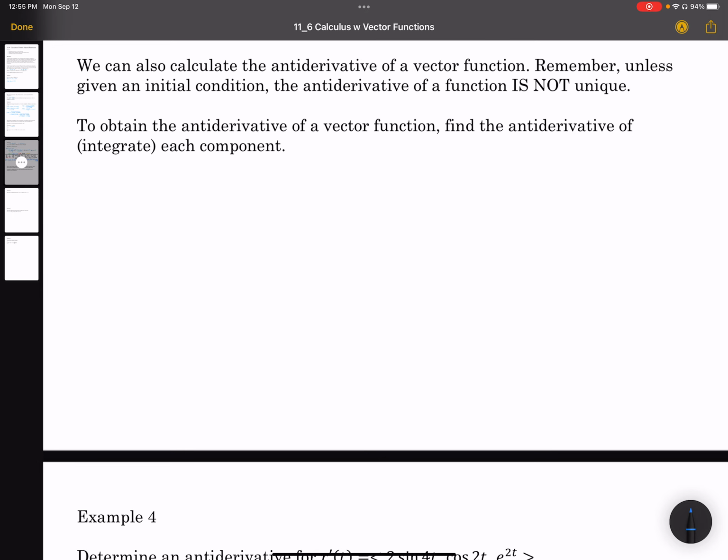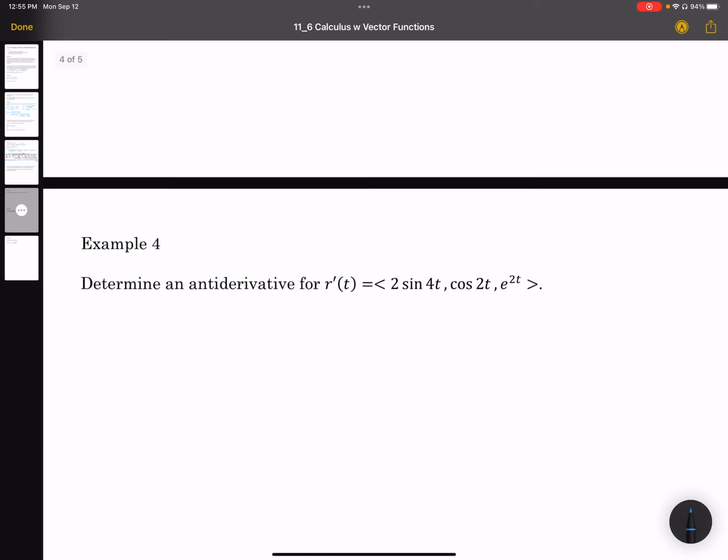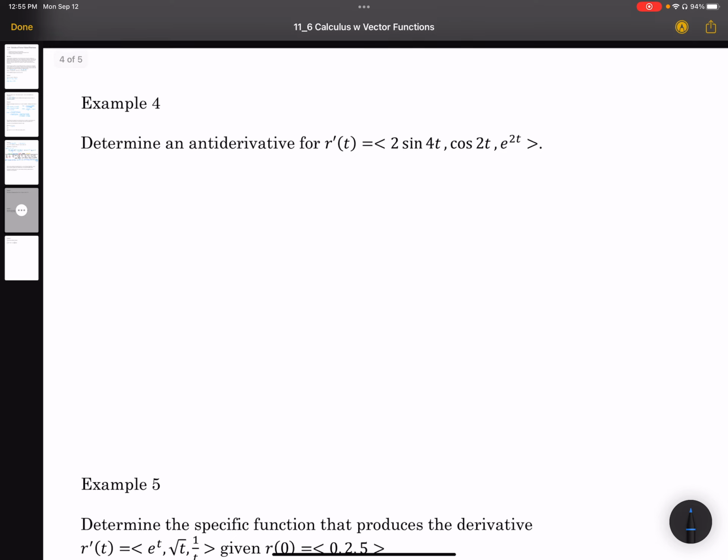So for antiderivatives, remember the antiderivative of a function is unique only up to a constant. To find the antiderivative of a vector function, we integrate each component. So for our next example, we have r prime of t is 2 sine 4t, cosine 2t, and e to the 2t.